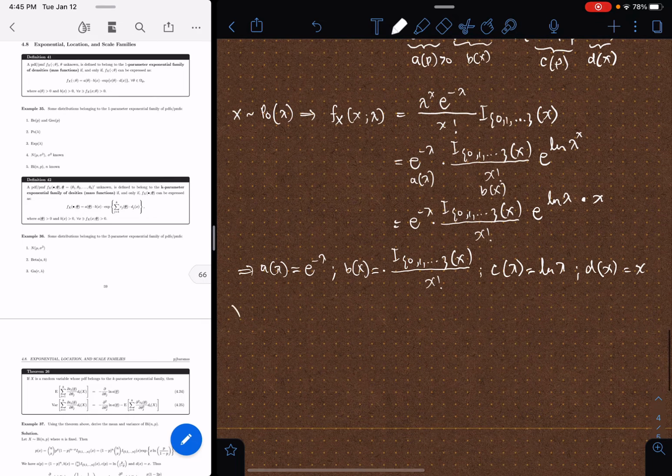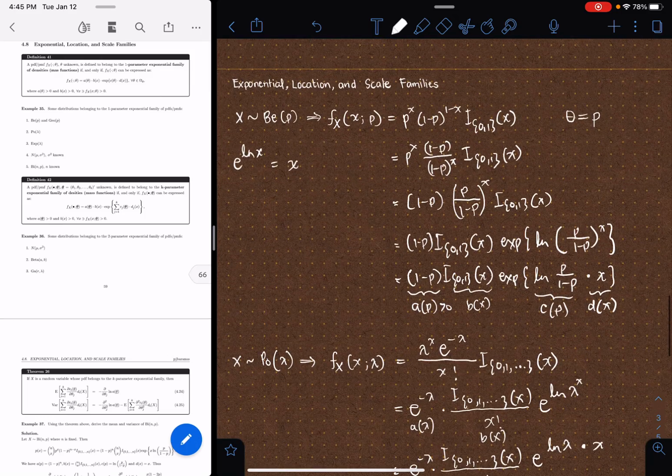Next, we have if x is exponential lambda, then f sub x of x lambda is equal to lambda e to the minus lambda x I 0 to infinity of x. Ayan. So, no need, yung hindi na kailangan nating gamitin ito na result.